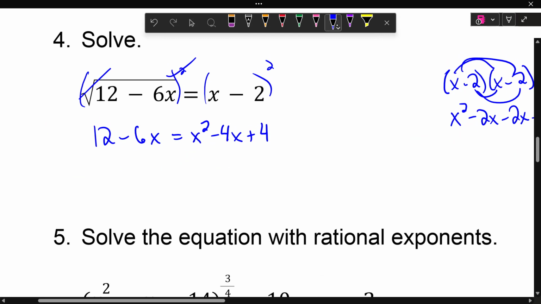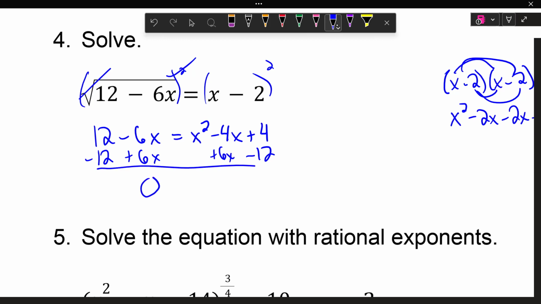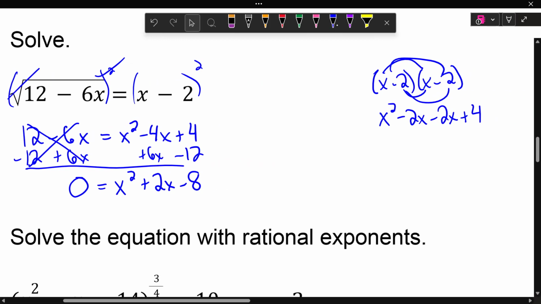Now we have an x squared, so to solve this, we're going to have to get everything equal to 0. So we'll subtract 12, and we'll add 6x. So now we got 0 on the left, because everything cancels out. We have x squared plus 2x minus 8 when we simplify the right side.